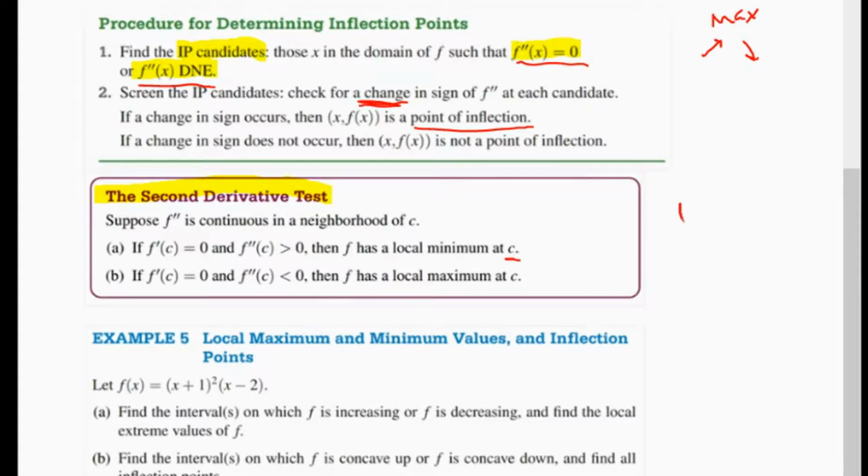What we're talking about is a derivative of 0, and concave up. Well, of course, this is going to be a minimum. And likewise, it says if we have a derivative of 0 and the graph is concave down, well, then this is a maximum. So that's my second derivative test.